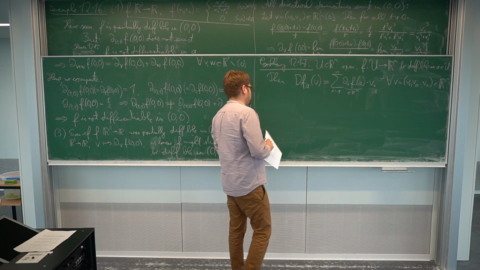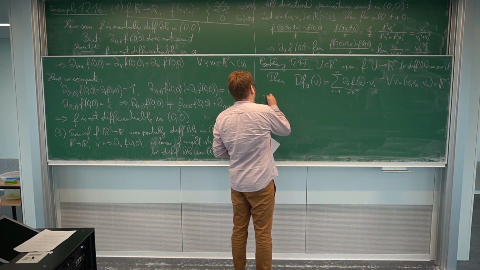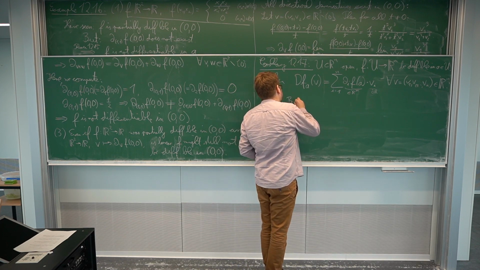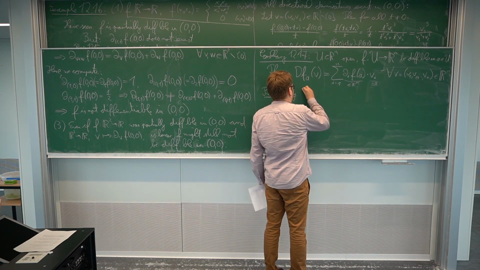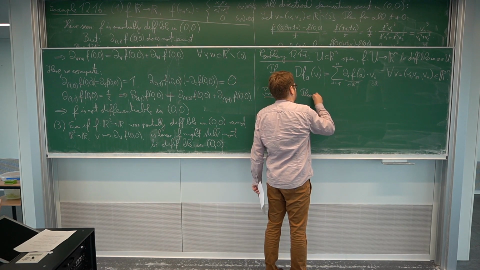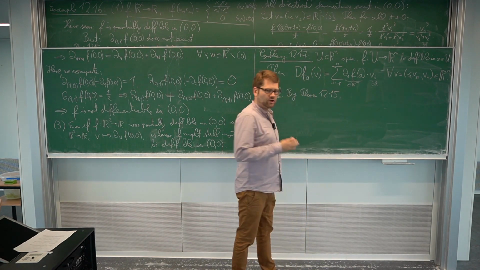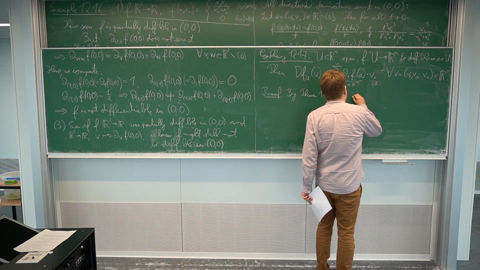This is actually really easy to see, because we just need to apply the formula from the previous theorem. Namely, by theorem 1215, we know that df gives us the directional derivatives.